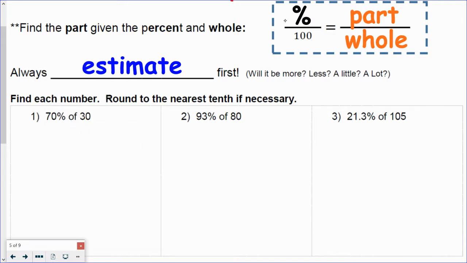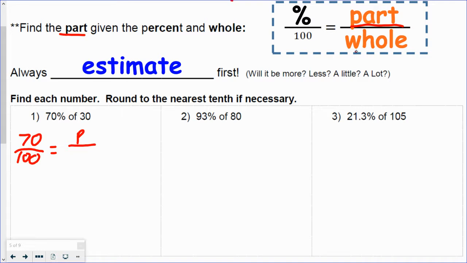Remember we are always doing our percent. So my percent is 70, and that is going to go on top of the 100. That's pretty much how all of these are going to start: a percent over 100. We are always today looking for the part, which is the numerator of the other fraction. You can use P for part, N for number, or any variable you like.